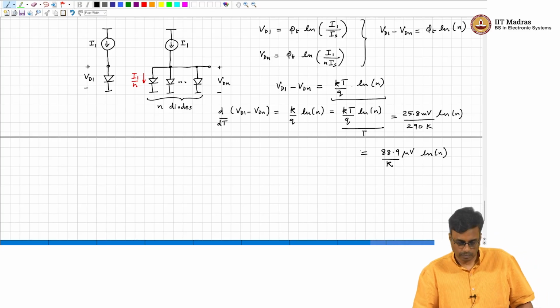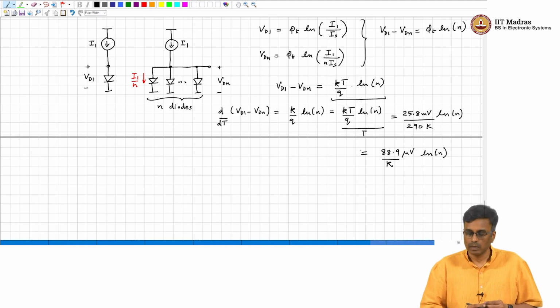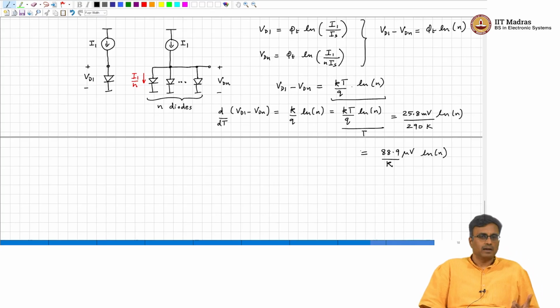Therefore, what we need to do, but we need 2000 microvolts per Kelvin, correct. Okay. And so, what should we do? How do we increase the temperature coefficient?